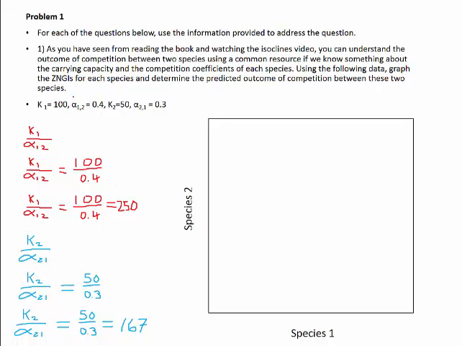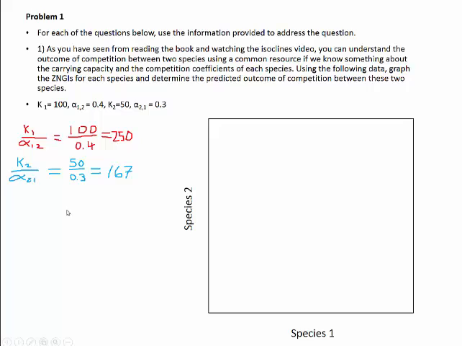We've got both our K1 that I've circled and our K2 that I've circled, and our K1 divided by alpha 1,2, and our K2 divided by alpha 2,1. These are the four numbers that we need in order to draw our Zingi lines, our zero no-growth isoclines.